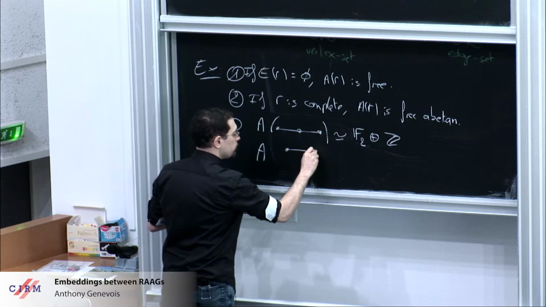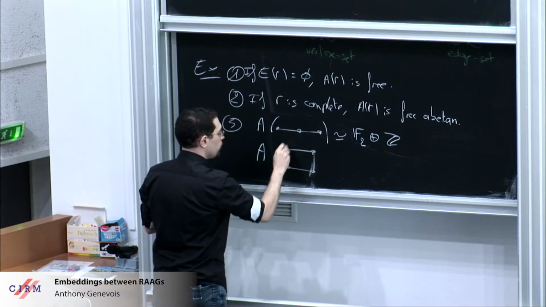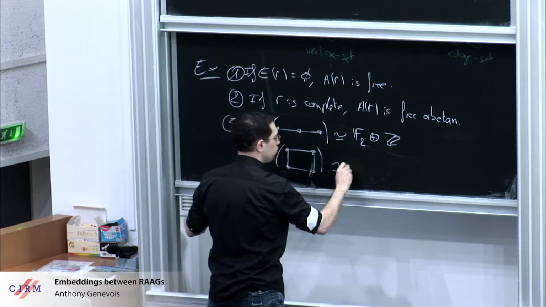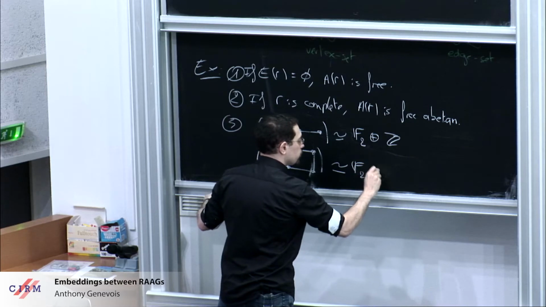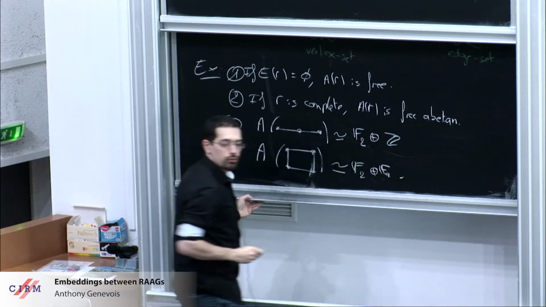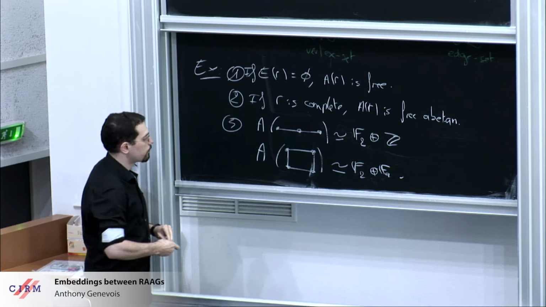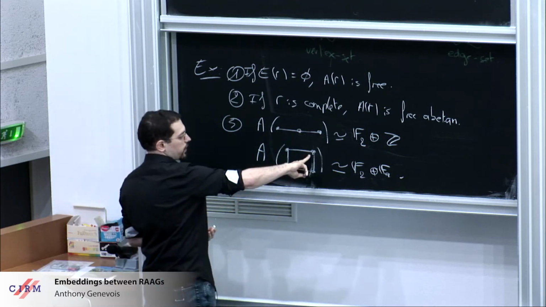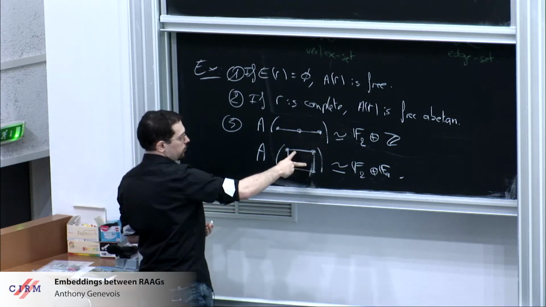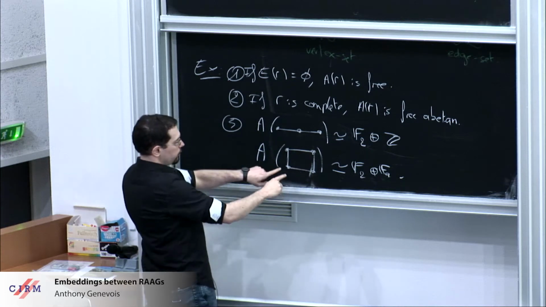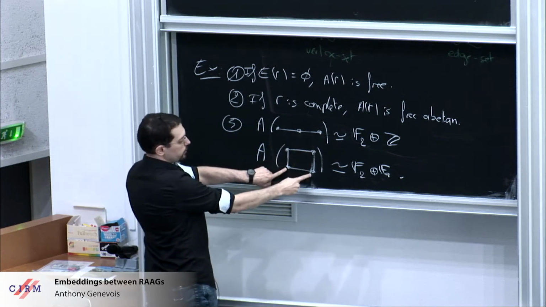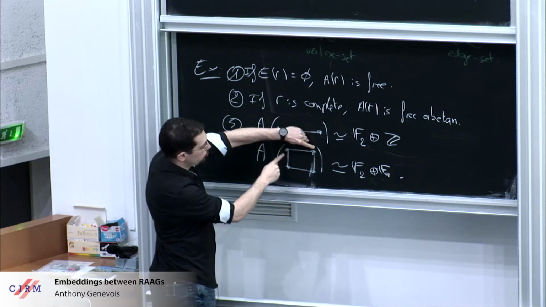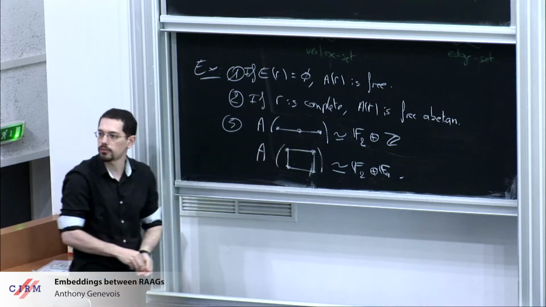Another example is, for instance, this one. You take a 4-cycle, then it's isomorphic to a product of two free groups. Okay, because you have these two generators, they generate a free group. These two, same thing, and the two actually commute between them, because this generator commutes with this one and this one, and the other generator commutes with this one and this one.